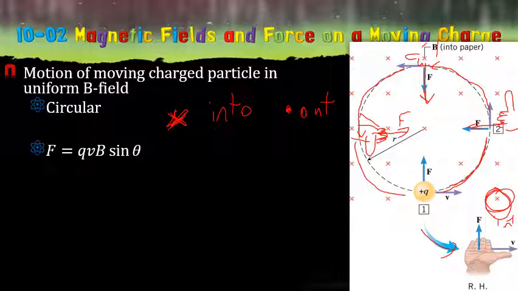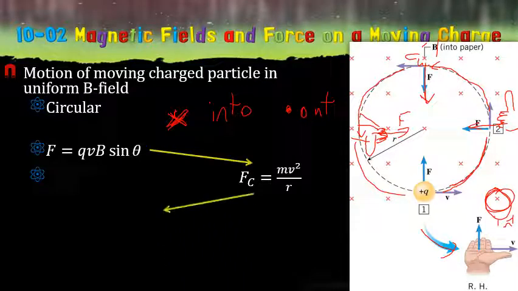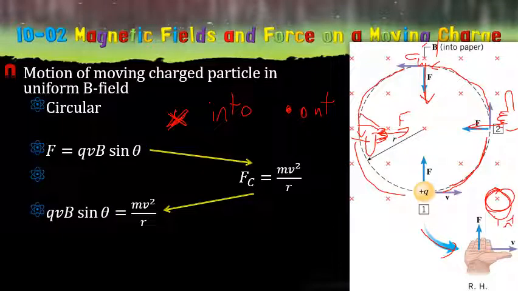The formula was force equals QVB sine of theta, but it's going in a circle. Centripetal force was mv squared over r. So I make those equal to each other because the magnetic force is causing the centripetal force, and I solve for r. The sine theta disappeared because theta is 90 degrees.